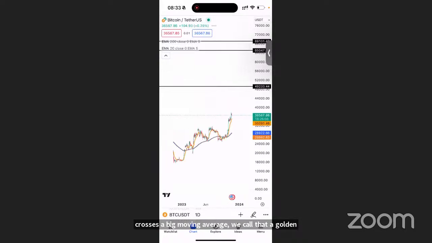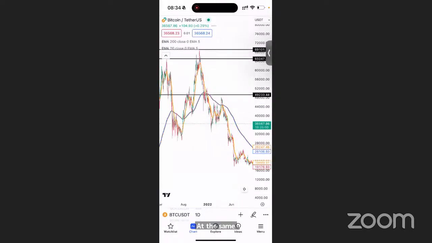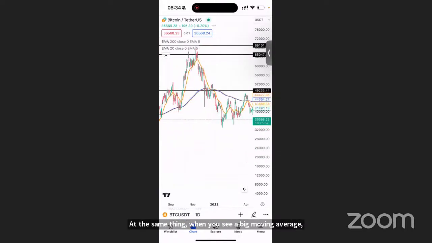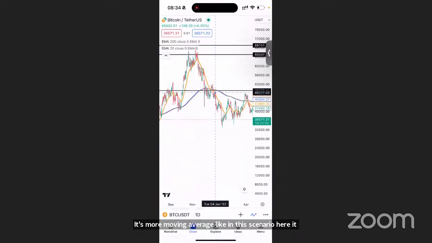And when you see a big moving average crossing a small moving average, like in this scenario here, it is called a death cross. This means the market is going to be going down. When you see something like this and candles are still forming above, then we call that a what? A golden cross.